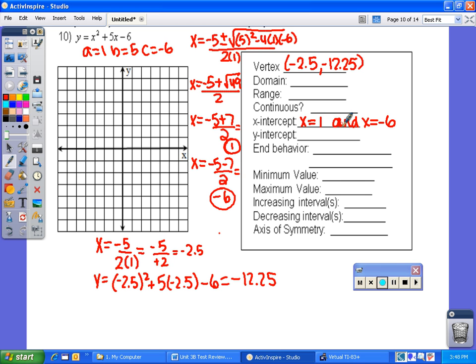So now I can graph all of the things that I need for this graph. So I have 1, negative 6, and then negative 2.5, which is right between negative 2 and 3, and then negative 12.25.